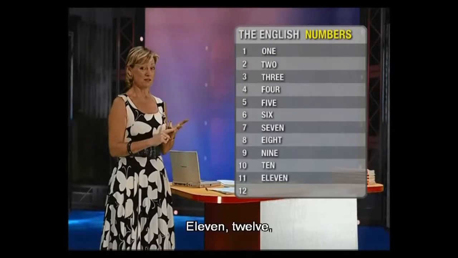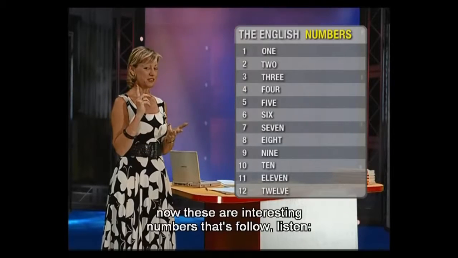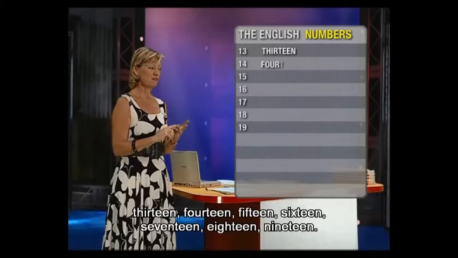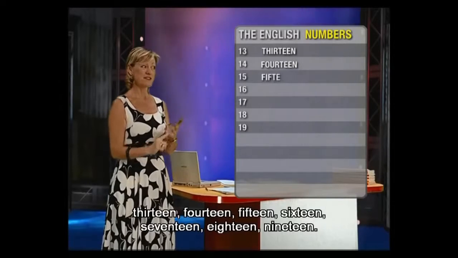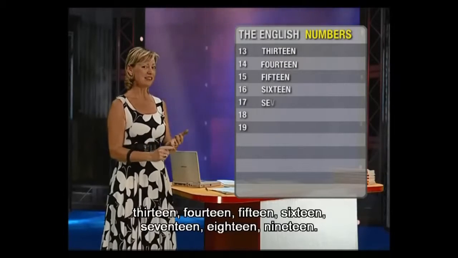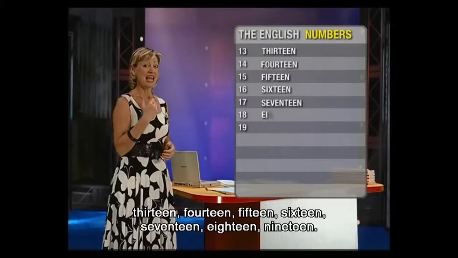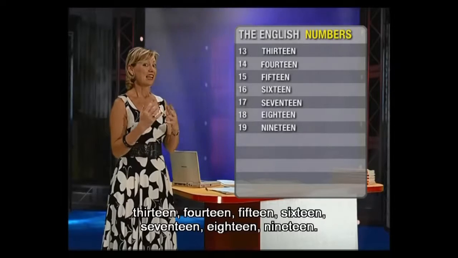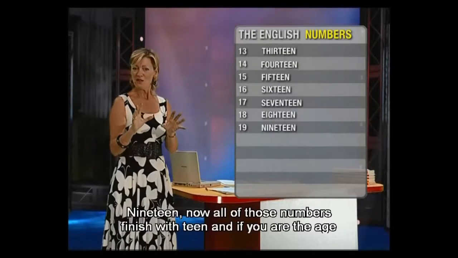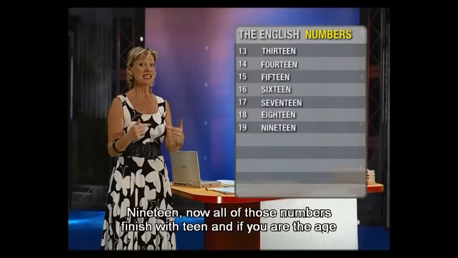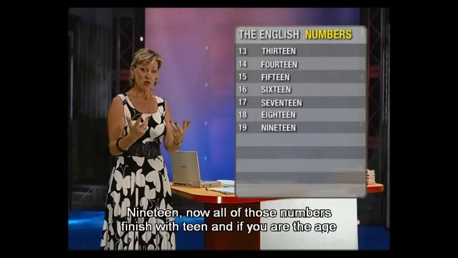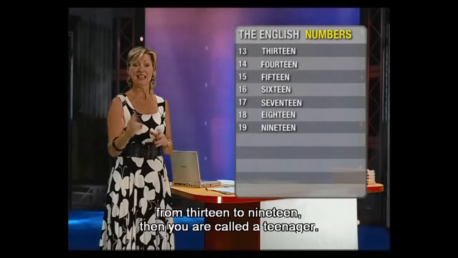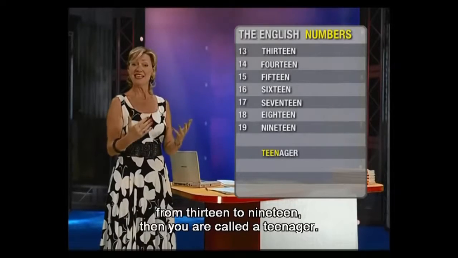Let's move on. 11, 12. Now, these are interesting numbers that follow. Listen. 13, 14, 15, 16, 17, 18, 19. Now, all of those numbers finish with teen. And if you are the age from 13 to 19, then you are called a teenager.